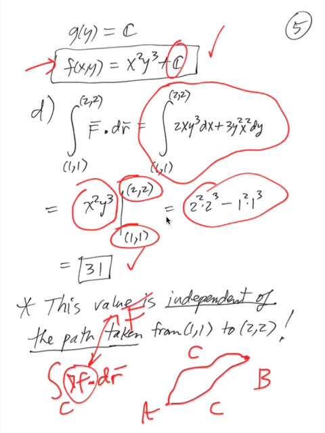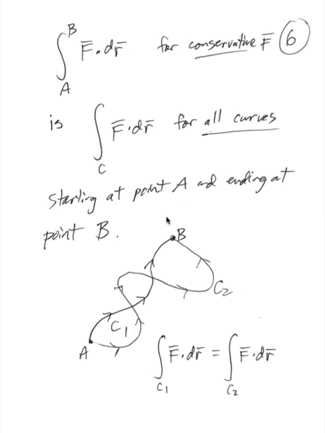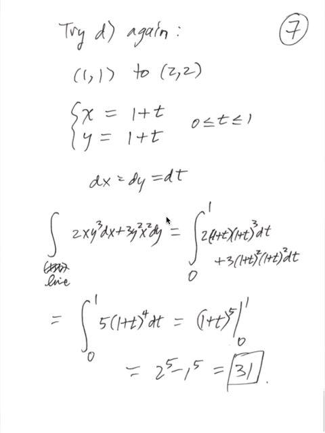Across this C, same thing as you integrate across here. Doesn't matter. And I think I illustrate this. The value in this last example here is independent of the path for the conservative F. All curves starting and ending at the same point B. There, I've got that drawing for you. Let's try this again here. Here's what I was talking about here.